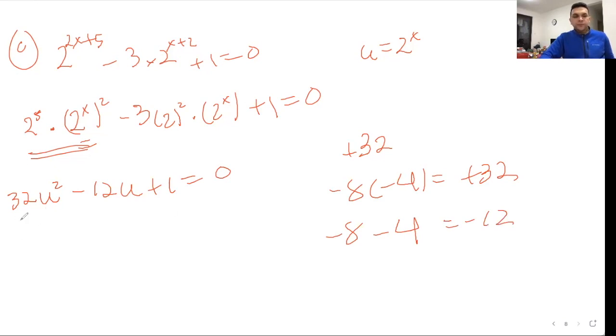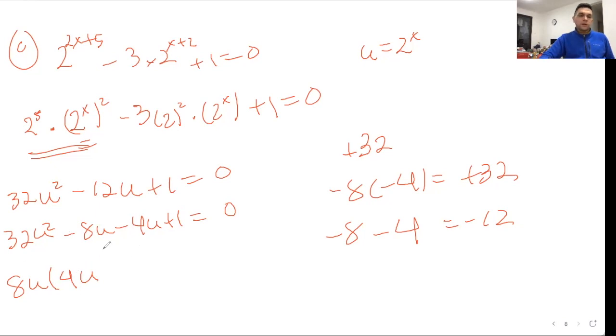So 32u squared minus 8u minus 4u plus 1 equals 0. Factorize the 8u. So we get 4u, 8 times 4 is 32, u squared. I need negative 8u, so just minus 1. From here, I can factorize a negative 1.